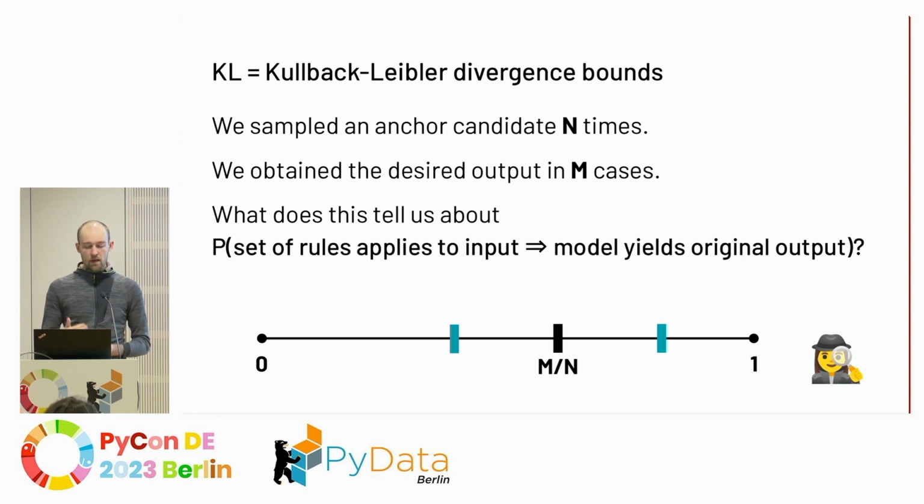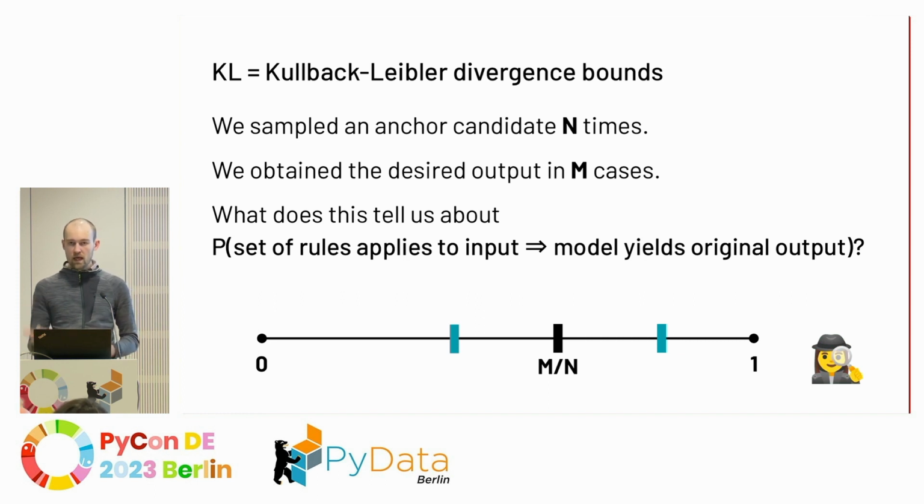Because what we have been doing so far is that we had an anchor candidate and we checked it n times. So we've evaluated n times, and then we know that the model produced the desired output, the positive sentiment, in m cases. And so very naively, we will believe that the probability that this will produce a positive sentiment is just m over n.